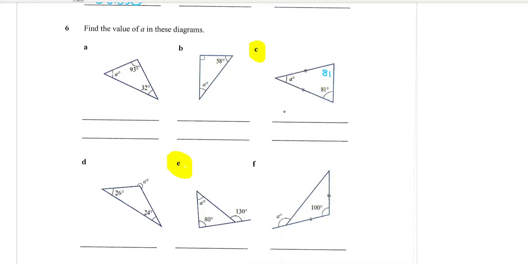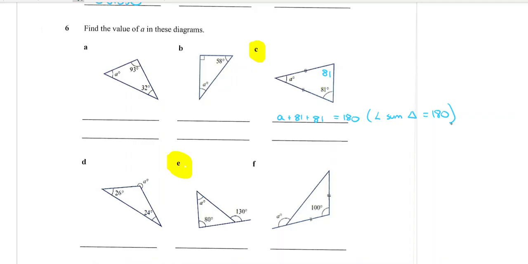Then, to find A, I'm going to make an equation. A plus 81 plus the other 81 equals 180 because of angle sum of a triangle equals 180.